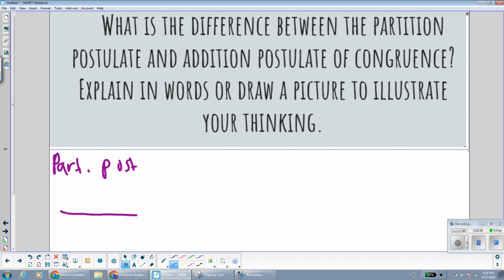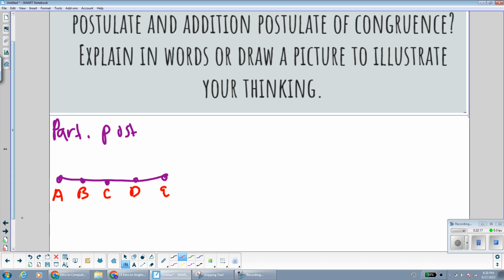So basically, the partition postulate is if you have one line segment that's broken into different parts, what it says is that if you take all the parts and add them together, you'll get the whole line segment.